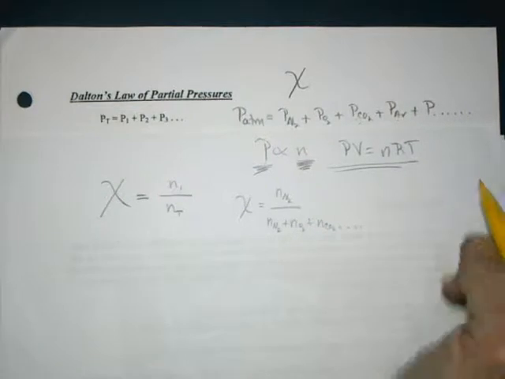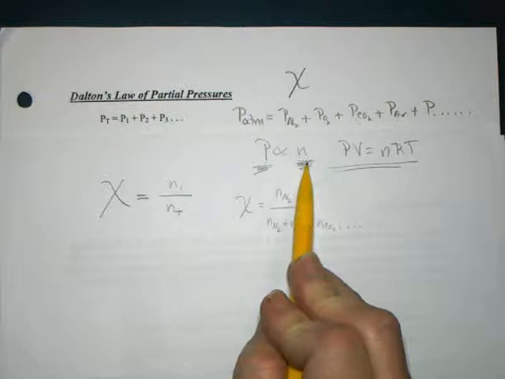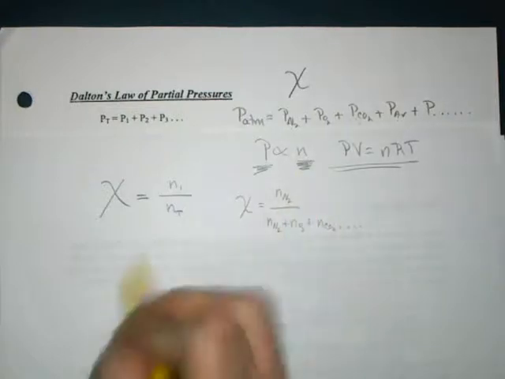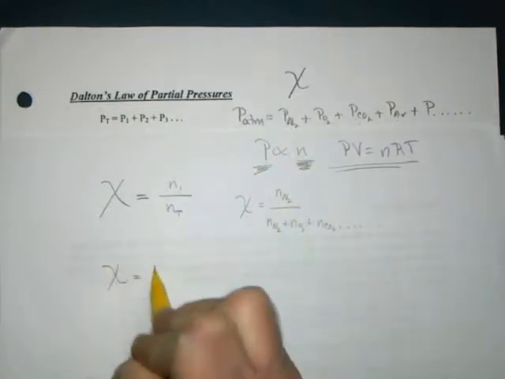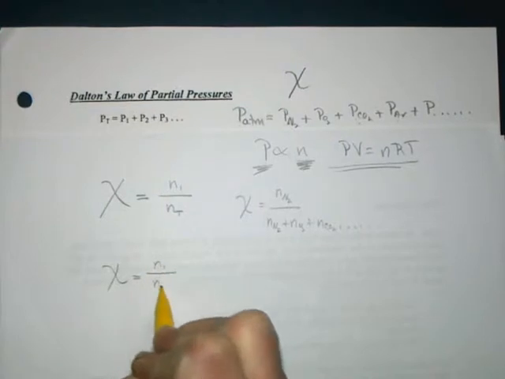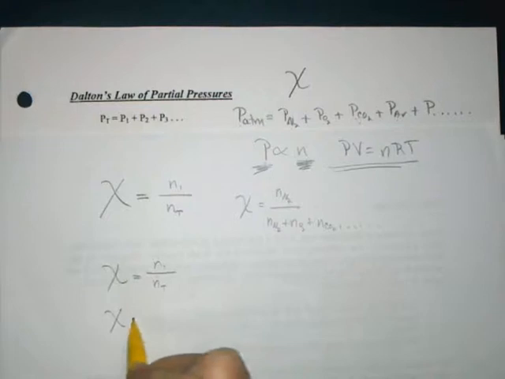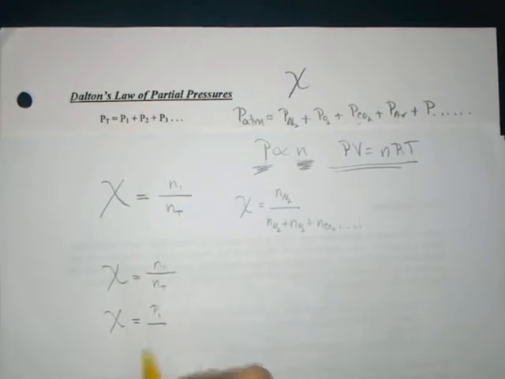Well, since pressure is directly proportional to moles, we can find mole fraction by saying it's the ratio of moles of one to total, but we can also say that mole fraction is a ratio of pressures, the partial pressure of the gas compared to the total pressure.